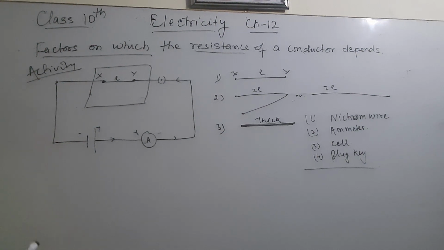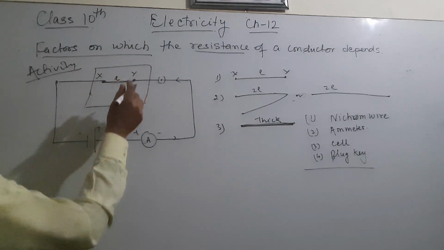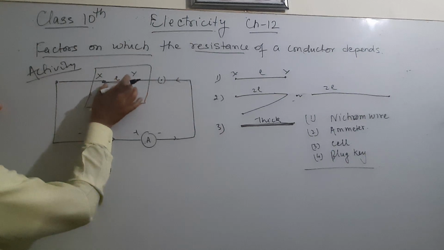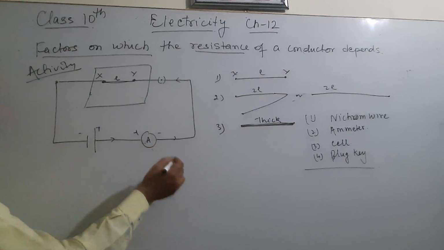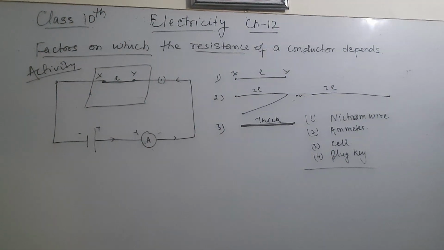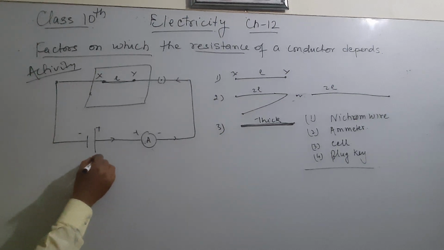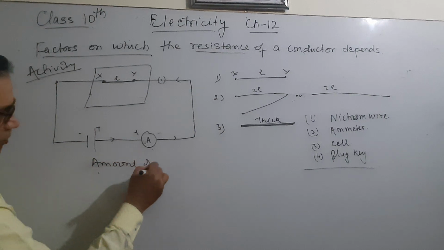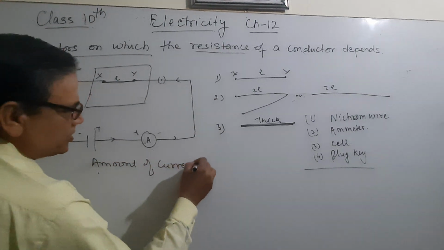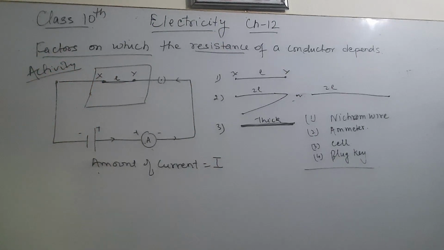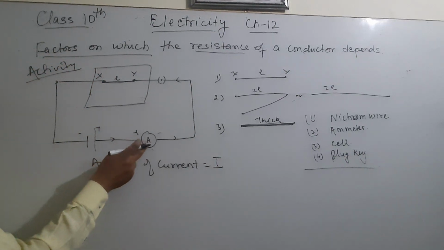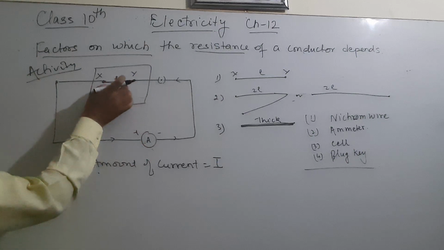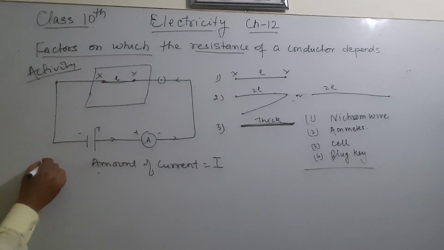Then whether the reading will increase or decrease will be confirmed. If length L is placed at XY, then it shows some reading. The reading on the ammeter indicates the amount of current, which is I. We assume that this I is the current when we place a nichrome wire of length L. That is the first case.